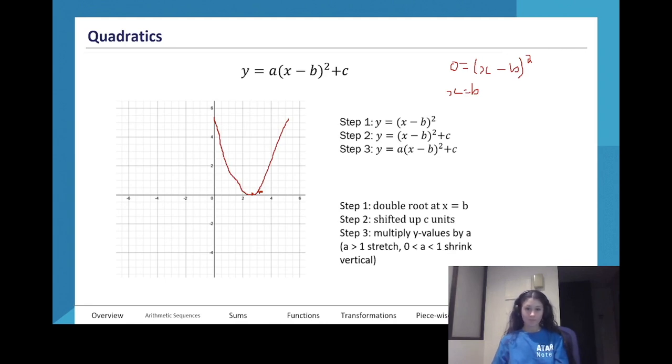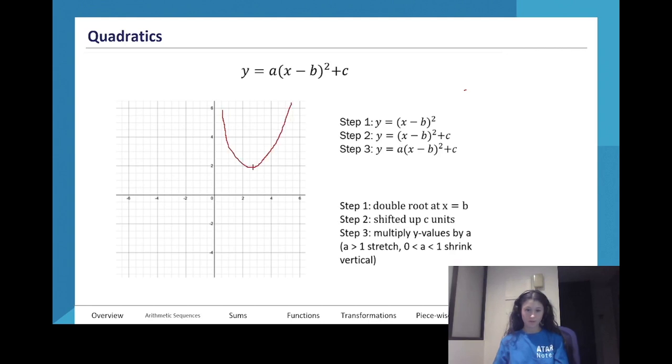And then we're going to apply our next step, which is y equals (x - b)^2 + c. Now, of course, the plus c at the end is going to be our vertical shift. So perhaps we are going to move our curve upwards, and this could be anywhere depending on the value of c.